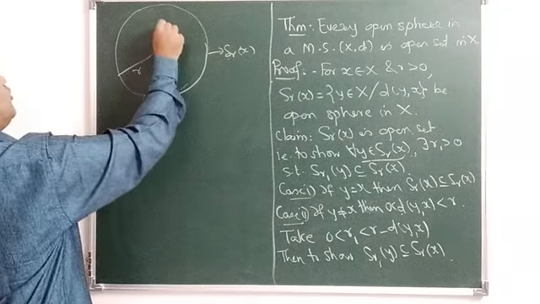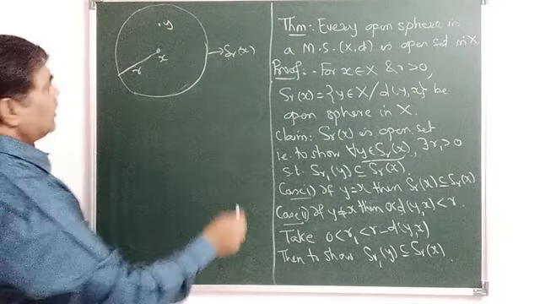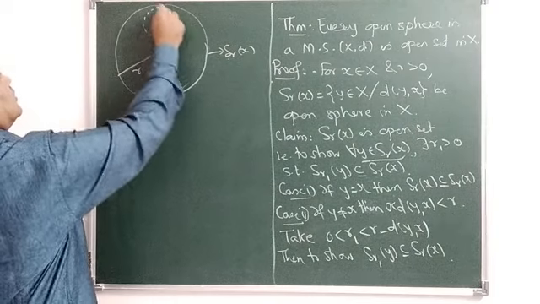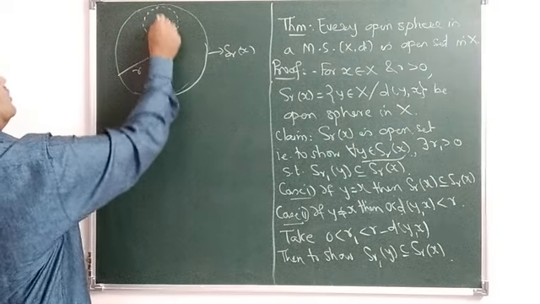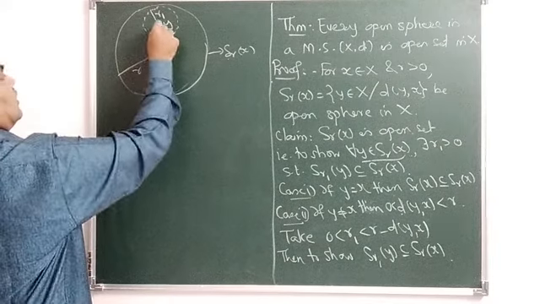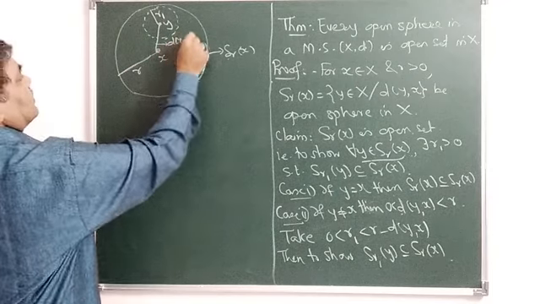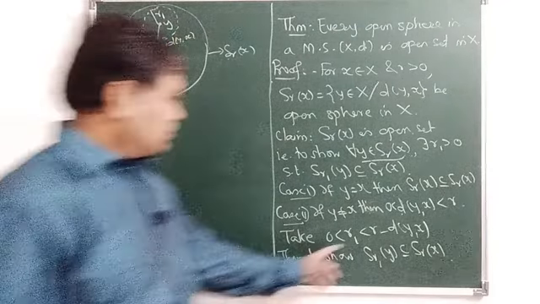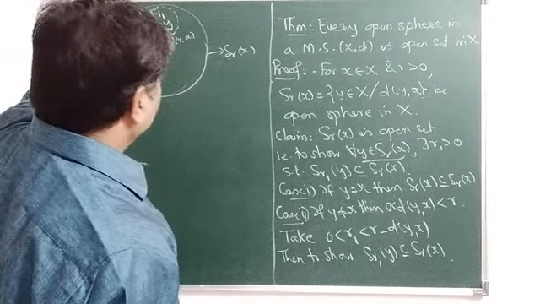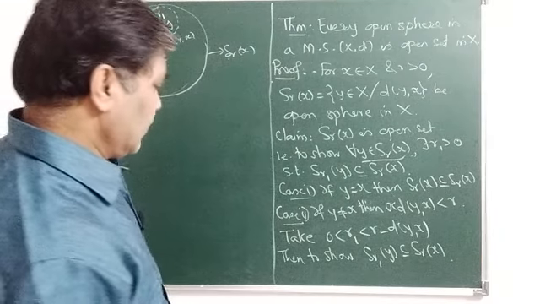If I take y to be some point here, what I am doing is taking r1 to be this one, and this is my d(y, x) distance. r1 is less than r minus d(y, x); I am choosing that r1.